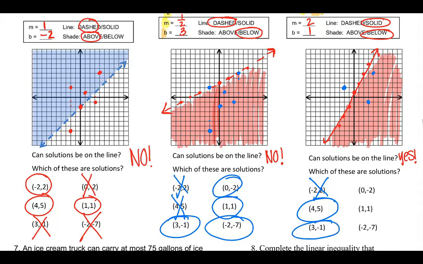Again, in the shaded area. 0, negative 2 is good. 1, 1 is good. Negative 2, negative 7 is also in the shaded area. So the only one that's not a solution is that negative 2, 2.